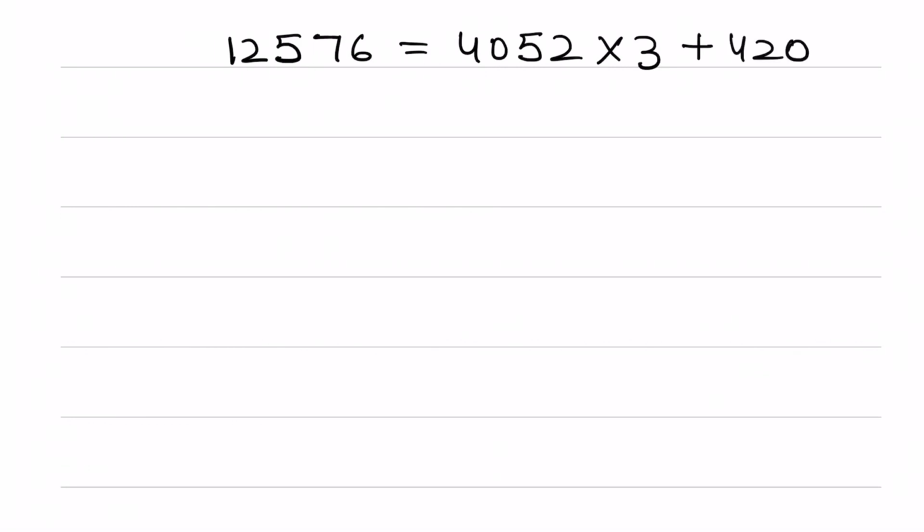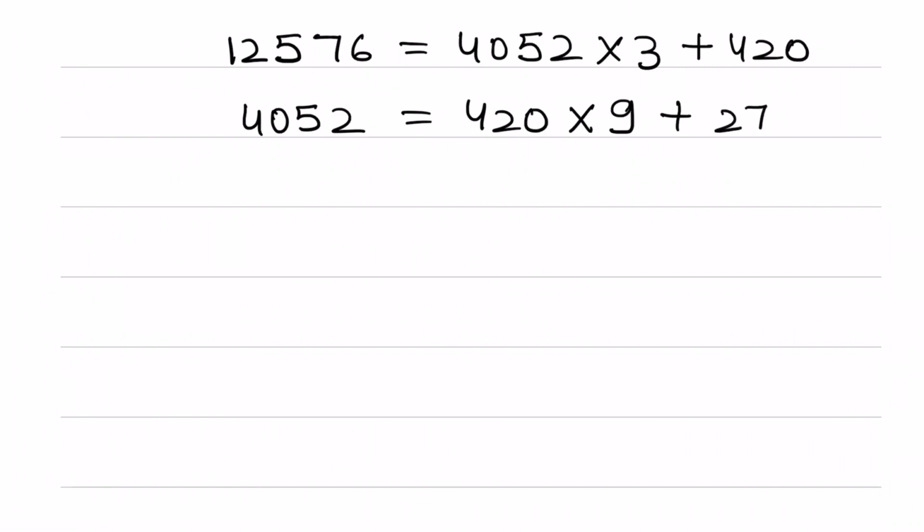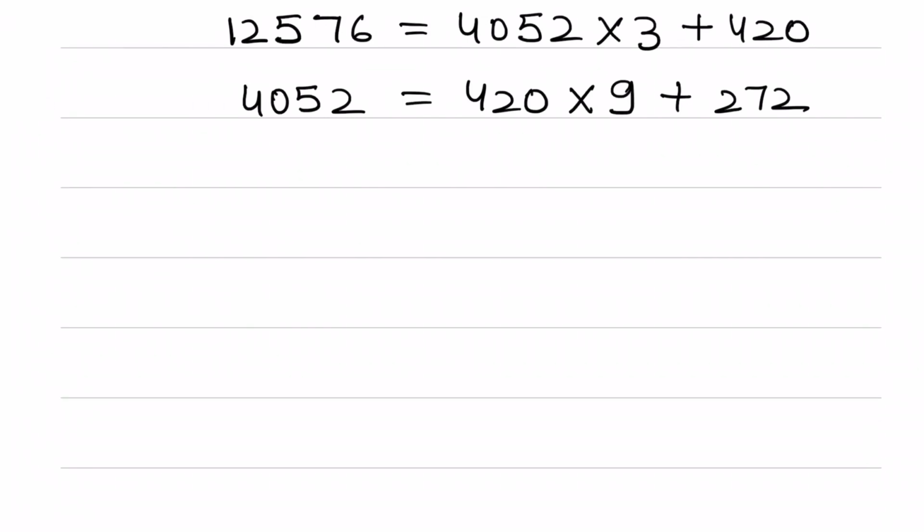Now again applying the division lemma to 4052 and 420. So 4052 divided by 420 can go 9 times and the remainder we get is 272. The remainder is not 0. So again we apply the division lemma to 420 and 272.